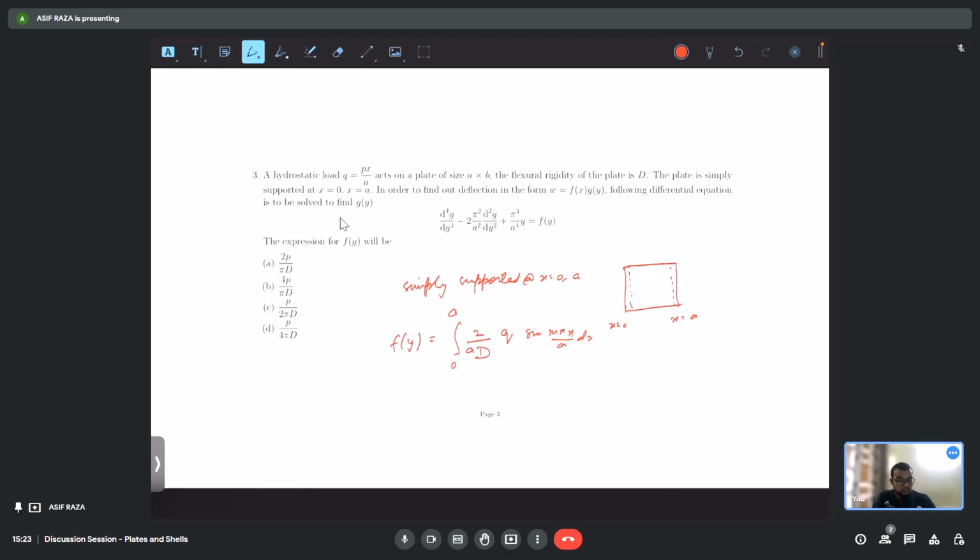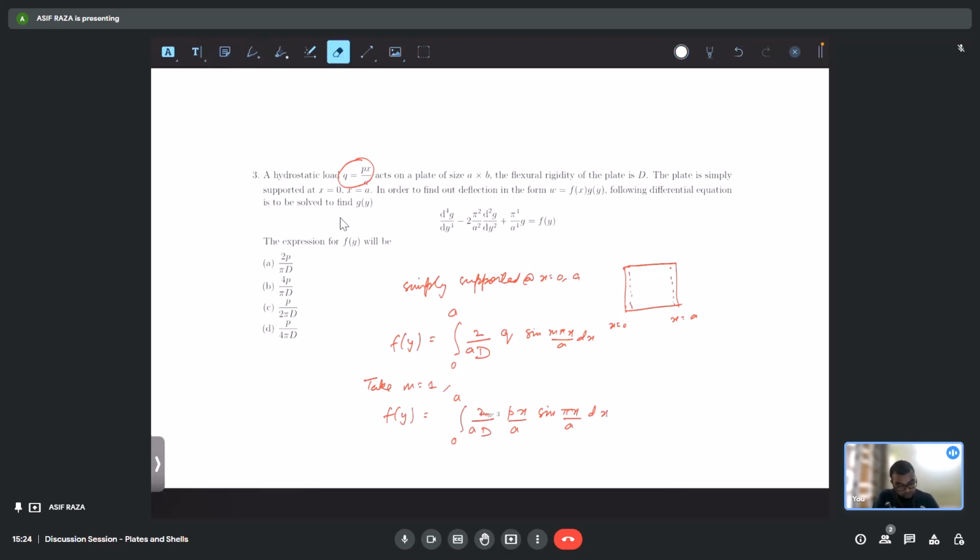Okay, and if we take m equal to 1, we'll get Fy is equal to integral 0 to a, 2 upon a d, q, where we have the given value as px upon a, times sin(pi x upon a) dx.